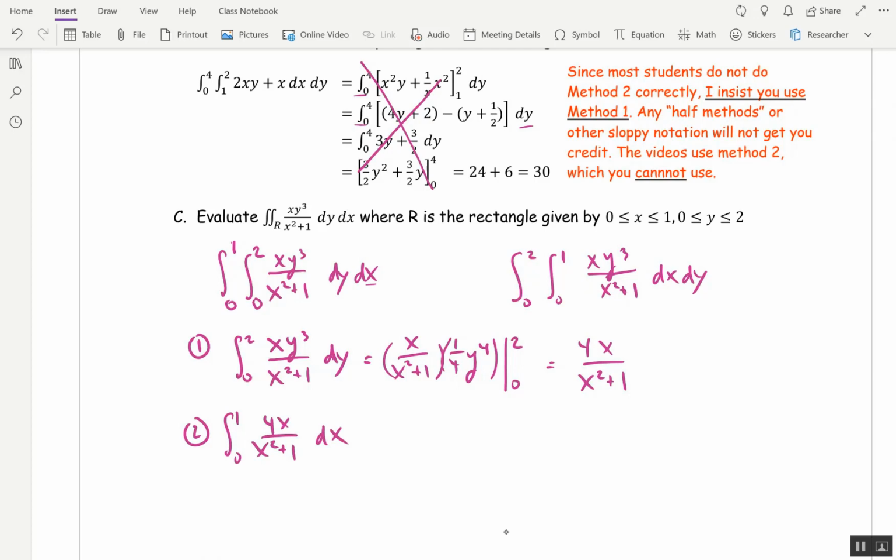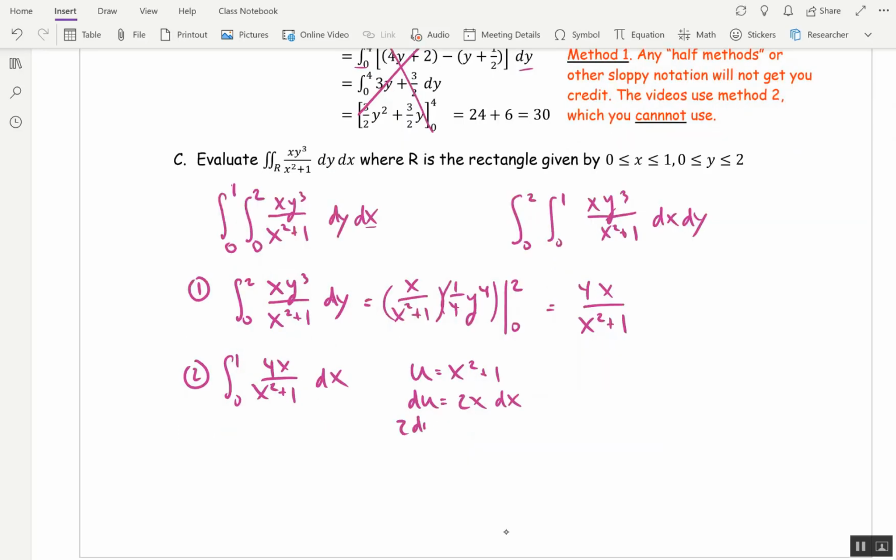Okay, so this is going to be a u sub. I'm going to let u equal x squared plus 1. du is 2x dx. 2 du would be 4x dx. So this is going to be twice the integral of 1 over u du. And I'll change my limits.